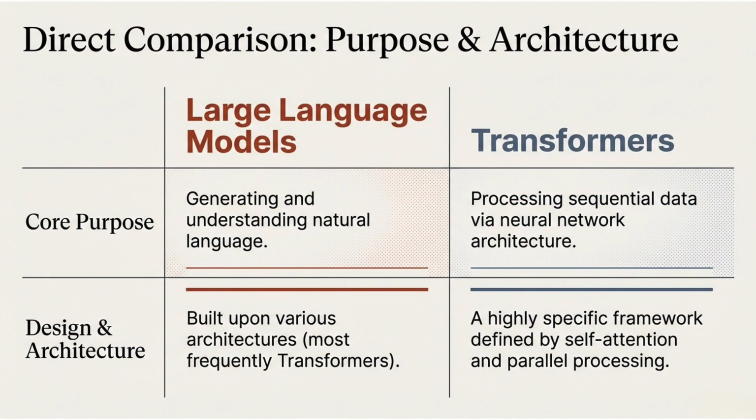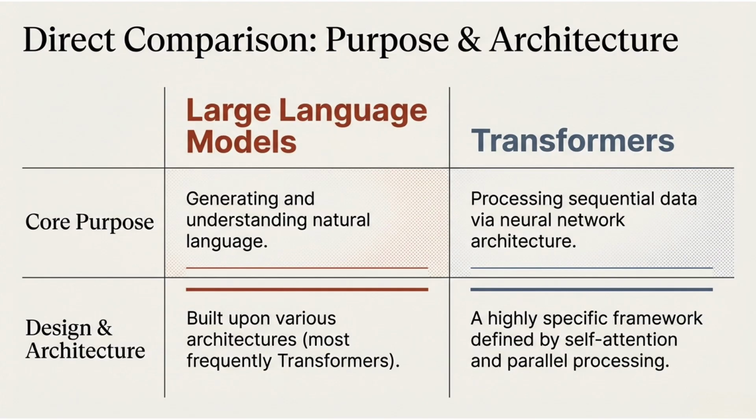Let us compare large language models and transformers based on their purpose and design. The core purpose of LLMs is to generate and understand natural language, enabling systems to produce human-like responses. In contrast, transformers focus on processing sequential data using a specialized neural network structure.